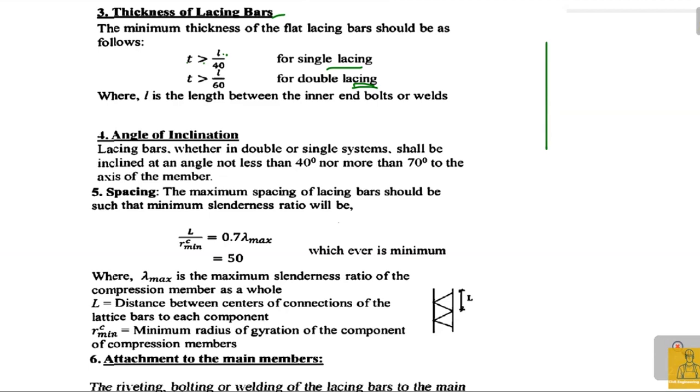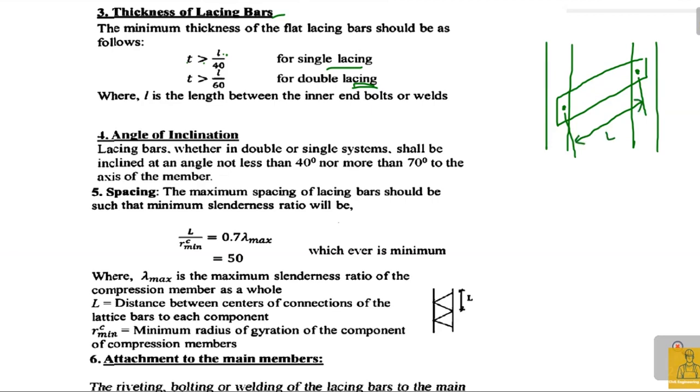For example, this is the lacing bar. Here the bolt is connected here and here, right? So this distance is L. Of course, we represent it with a capital L, not a small l. So don't worry about this. But here L is this.